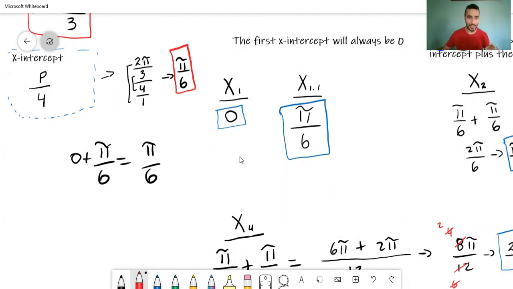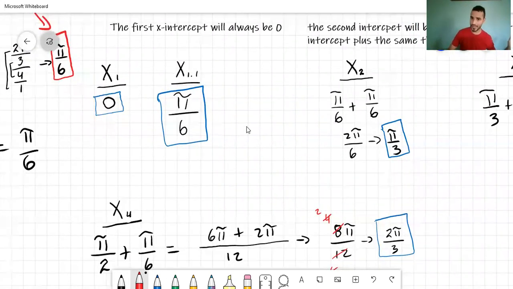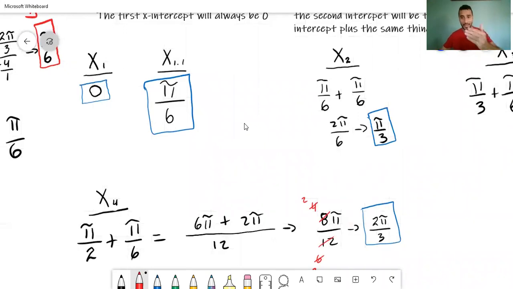That's why I put it here in red, so you see that that's the number we're going to be adding in all cases. We know that pi over 6 plus pi over 6 is equal to pi over 3. And how do we find my other x-intercept?